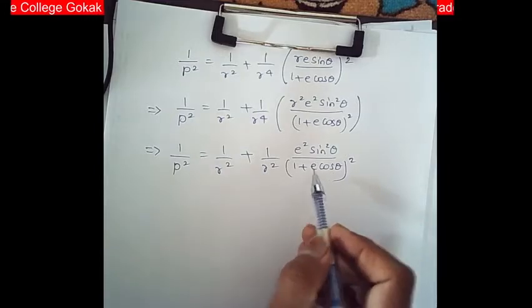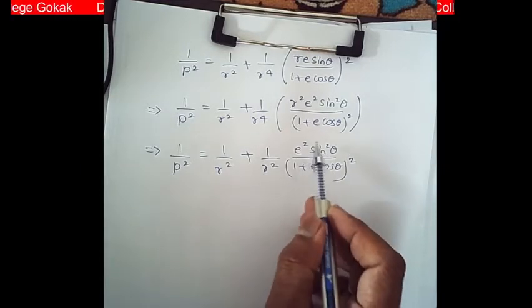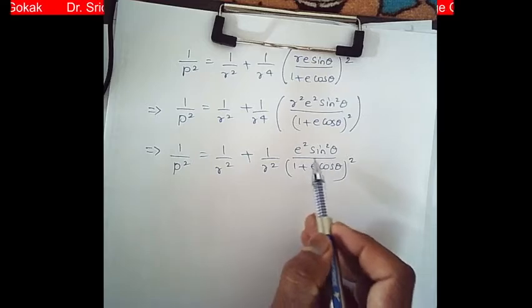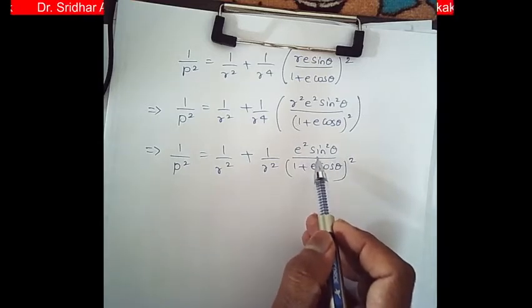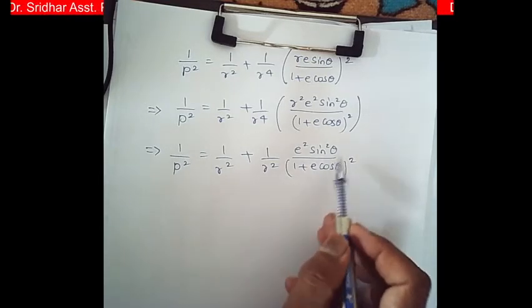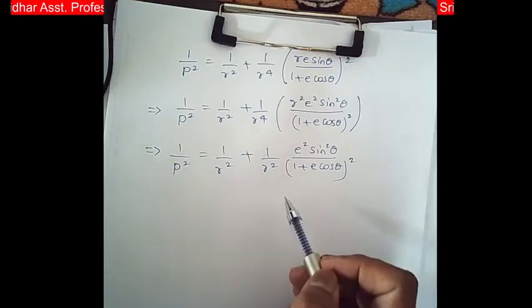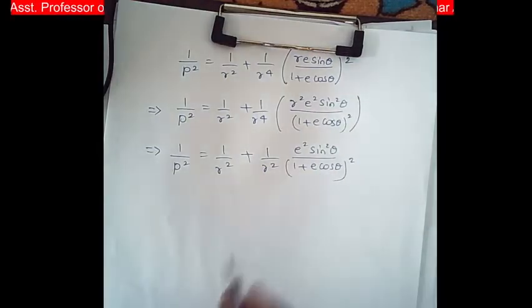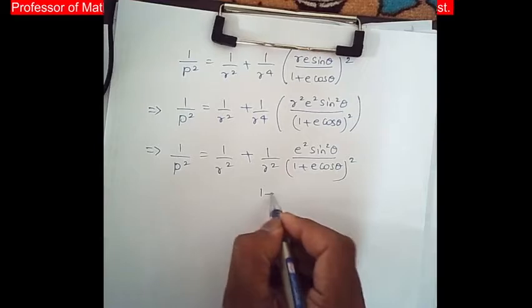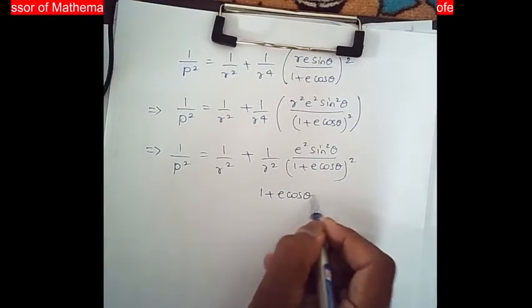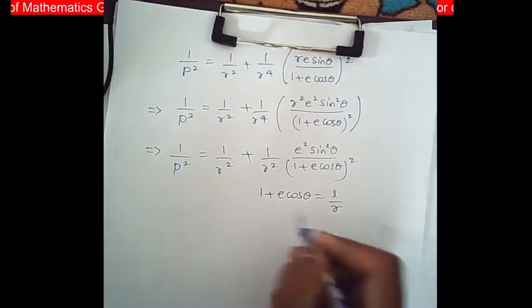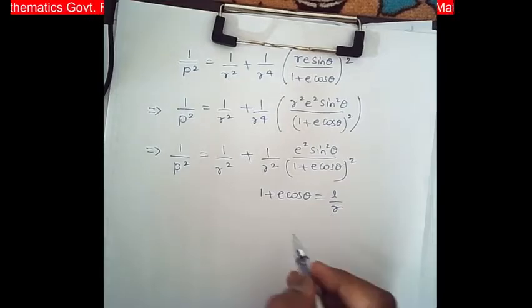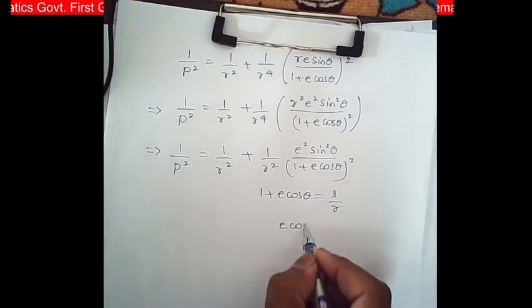Next, sin theta is there here, so I should eliminate this sin theta also. To eliminate sin theta, as I have written 1 plus e cos theta is equal to L by r from the given equation, I calculate the cos theta value.